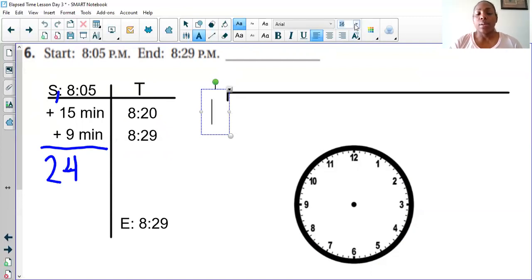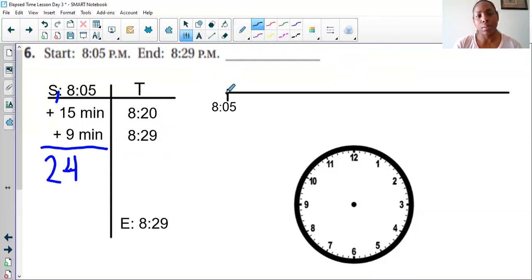So the time that I am marking, remember we're starting at 8:05. Remember, it's okay to make a simple mistake, I can recover from it. I need to do a 15-minute jump. So that was 15.